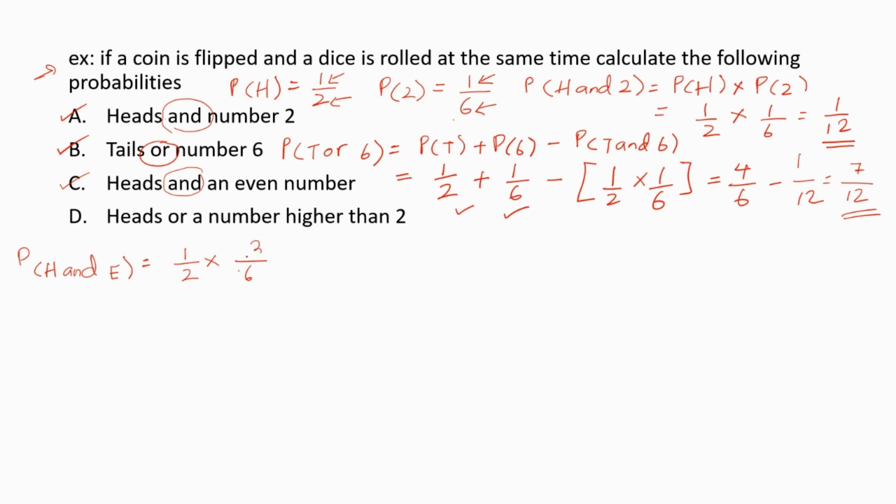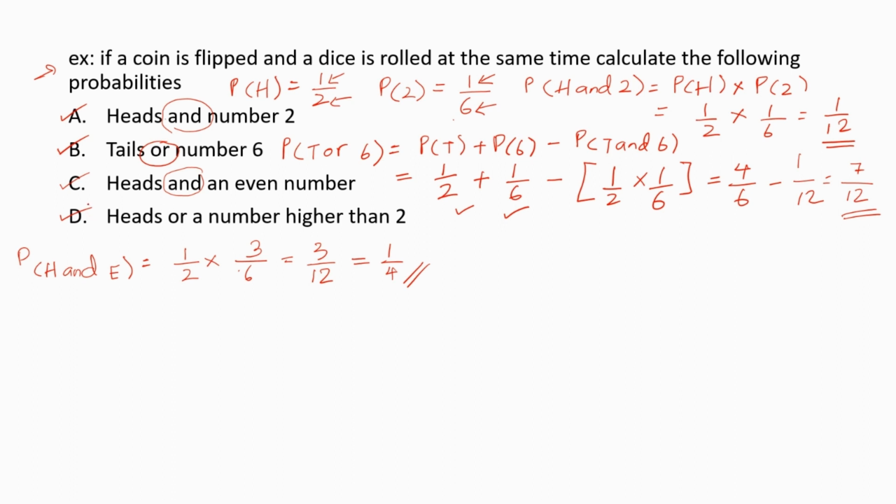There are 3 even numbers. So 3 over 12. We can simplify this as 1 over 4. This is the probability.